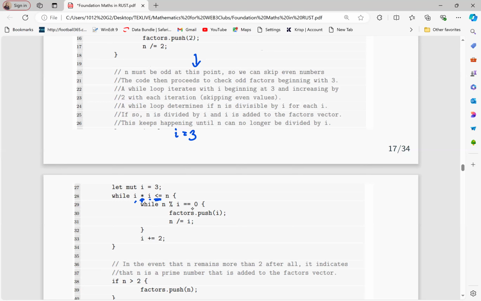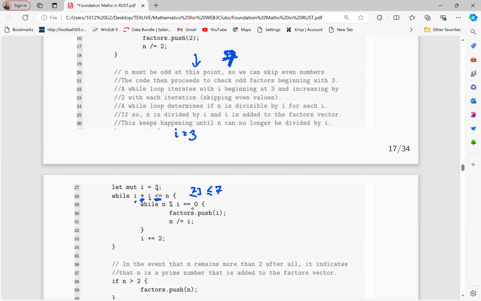Supposing we are coming with 10, no, 10 is divisible by 2, so let's say you're coming with 7. If you're coming with 7, our i is 3. So 3 times 3, which is 9, is not less than or equal to n.